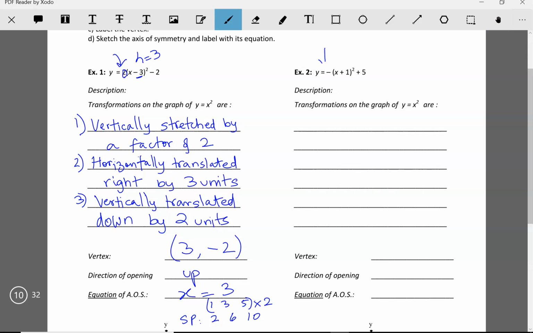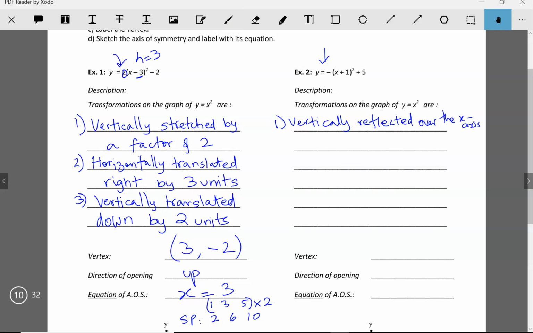First, any reflections? Yes, I do have a reflection. So the first thing I'm going to say is it's vertically reflected over the x-axis.